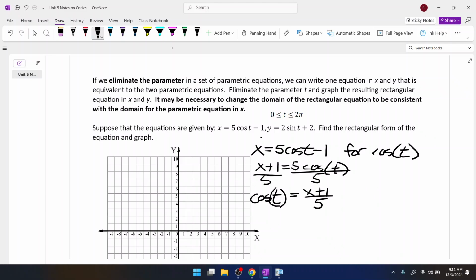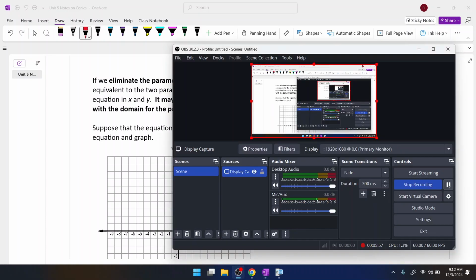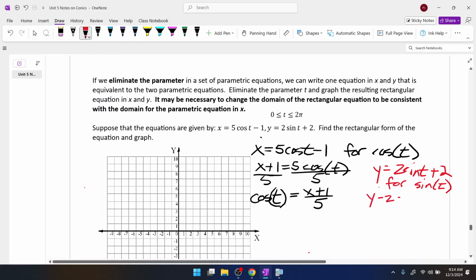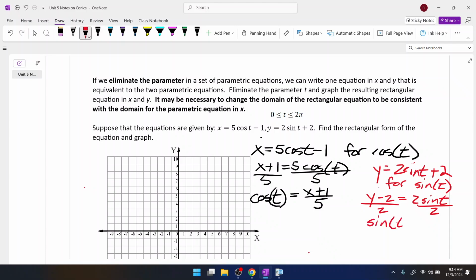Now what I want you to do is solve y equal to 2 sine of t plus 2 for sine of t. All right, so you have y minus 2 equal to 2 sine of t. Then we divide by 2, and you have sine of t equal to y minus 2 over 2.